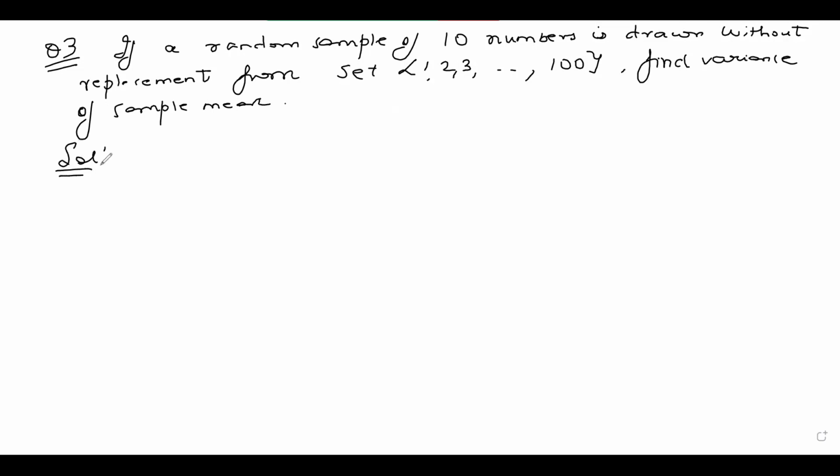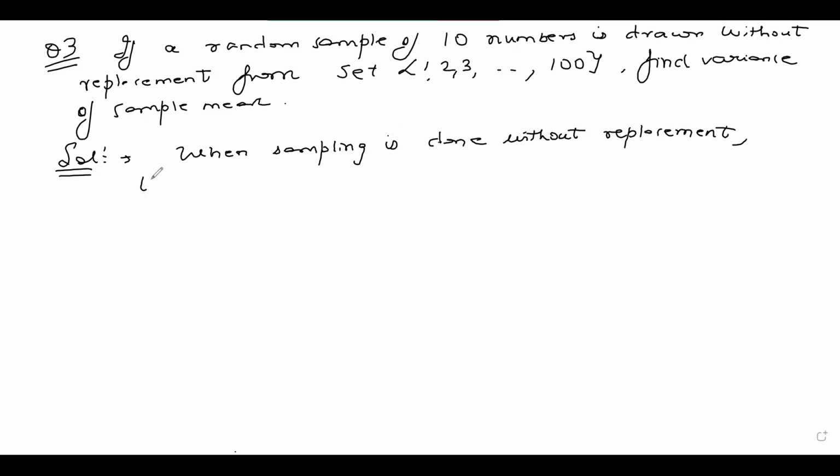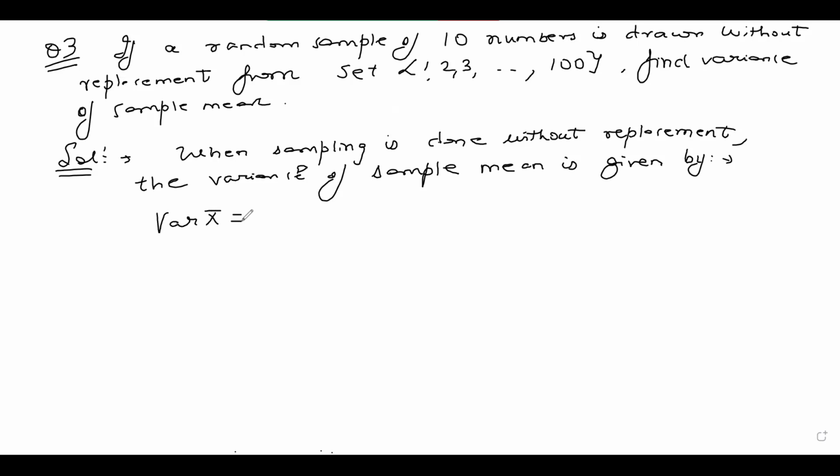So quickly recall that when sampling is done without replacement, the variance of the sample mean is given by variance of x bar is equal to capital N minus small n over capital N minus 1 times sigma square by n.